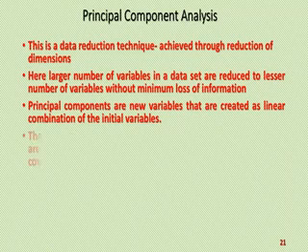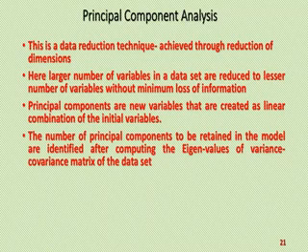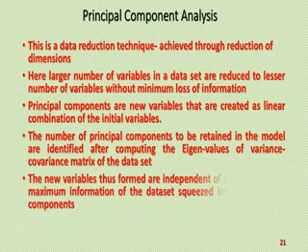The number of principal components retained depends on the eigenvalues associated with the variance covariance matrix of the data set. So this is a way in which it will work.